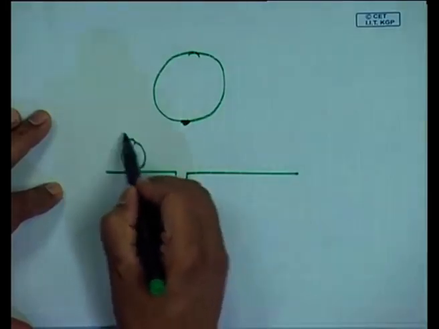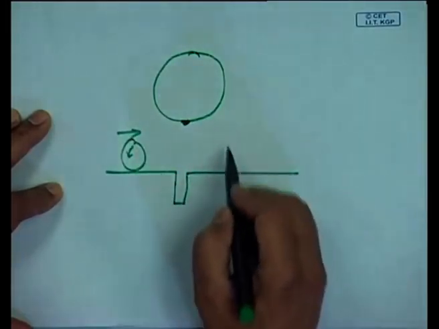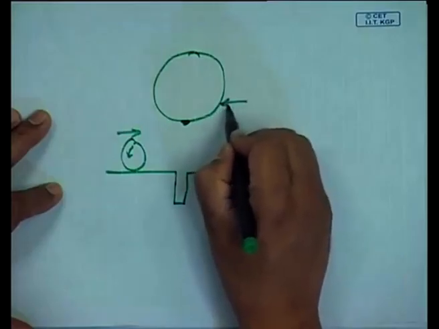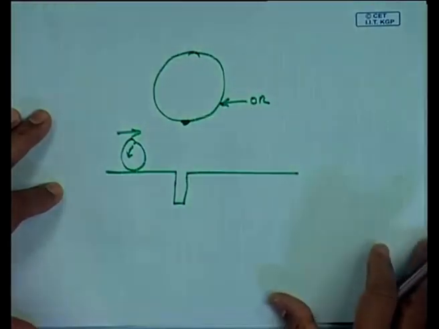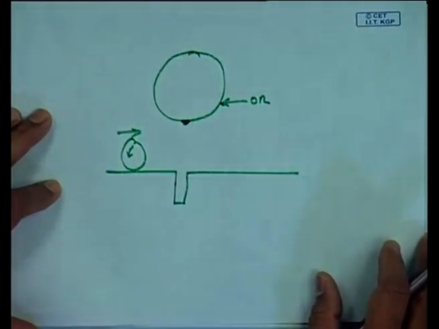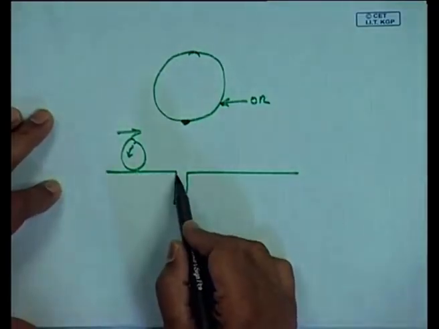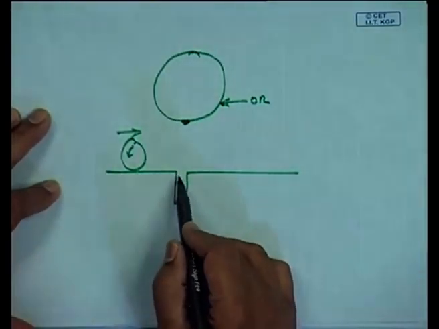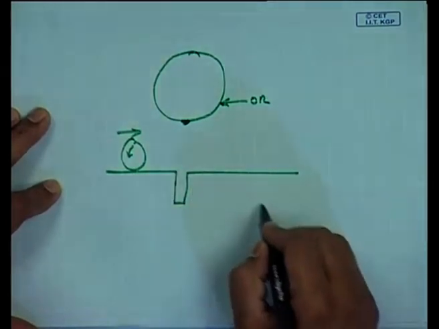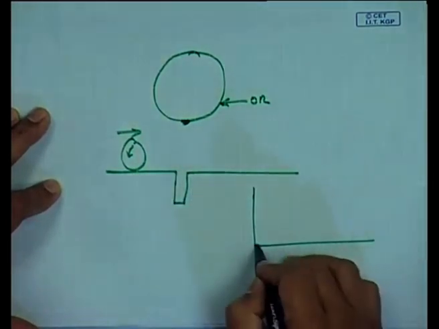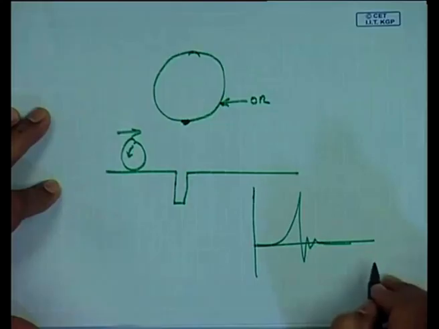So, if these balls are spinning and traveling on this outer race, what is going to happen is that if I come across this pit on the outer race, I am going to have an impulse.